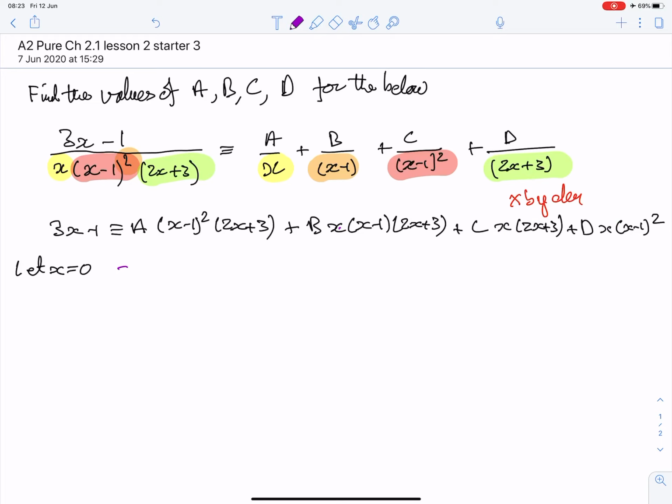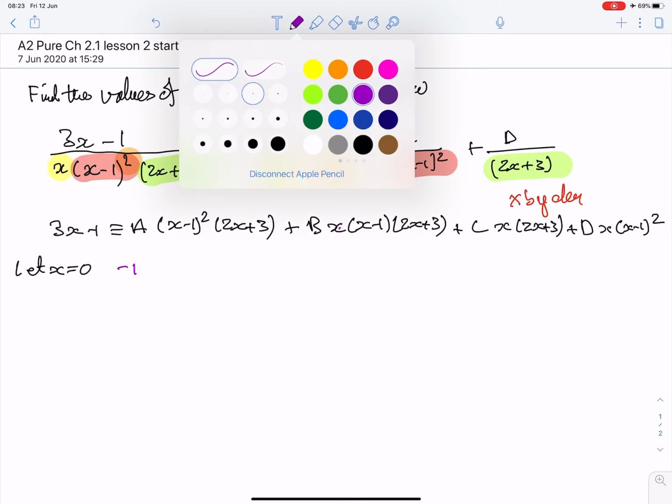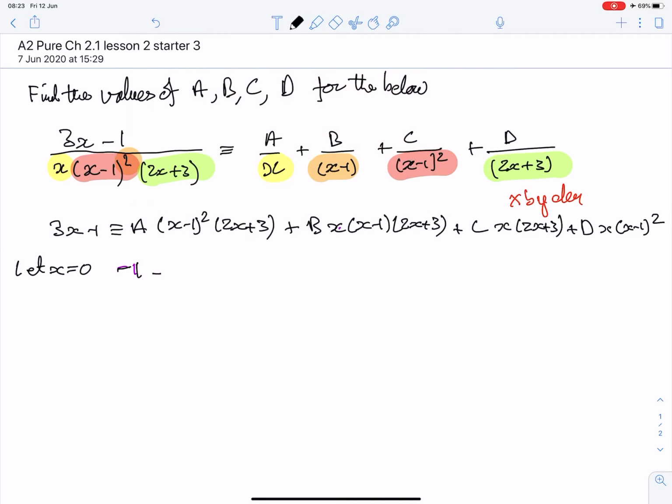On the left-hand side we'll have minus 1. Minus 1 is equal to A times negative 1 squared times 3. So negative 1 equals 3A, which implies A equals negative 1/3.